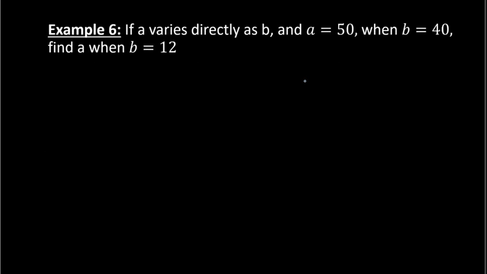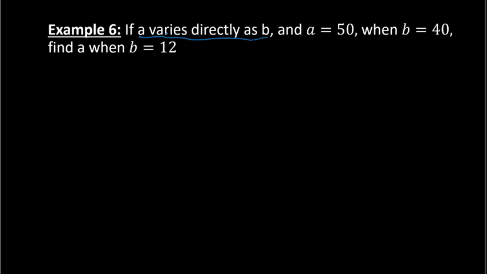Here's another example. Here we are told that a varies directly as b, and a equals 50 when b equals 40. Find a when b is equal to 12. So here we want to use this statement to write a math equation. So convert this English into math.